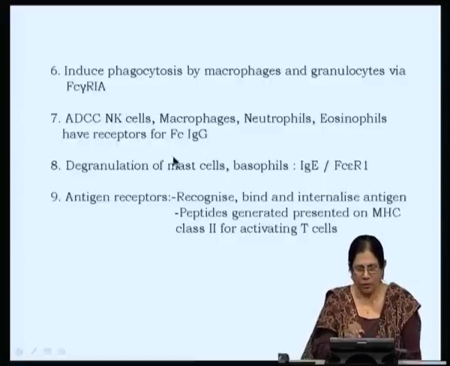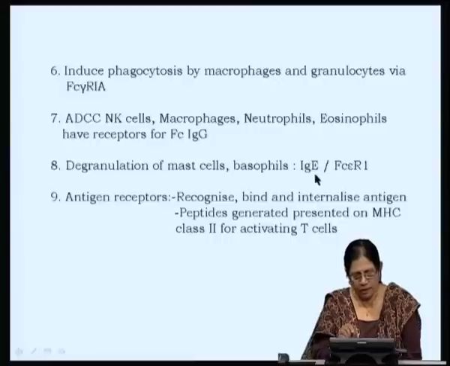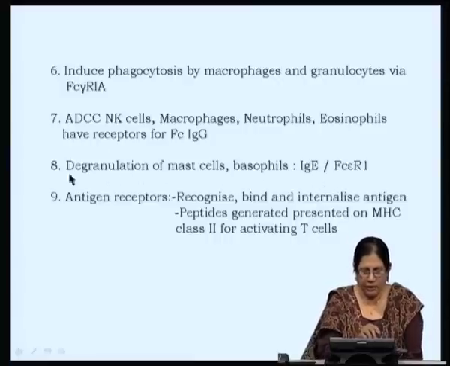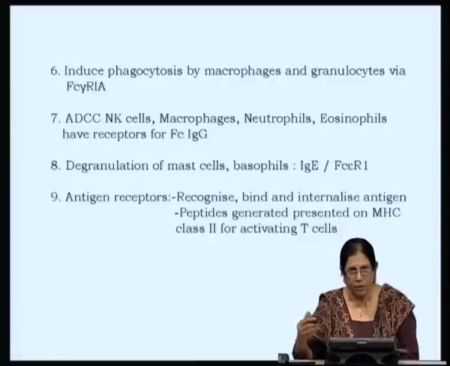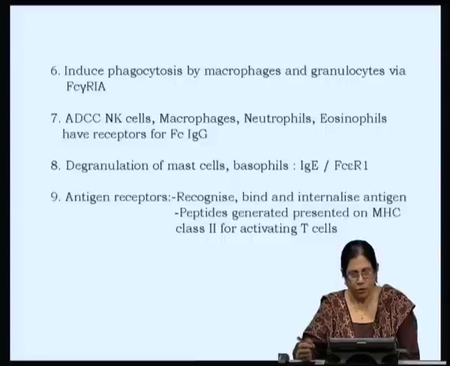The linking would be through IgG. I already told you that IgE brings about degranulation of mast cells, basophils and eosinophils, thereby again contributing to the immune system or the humoral immunity.